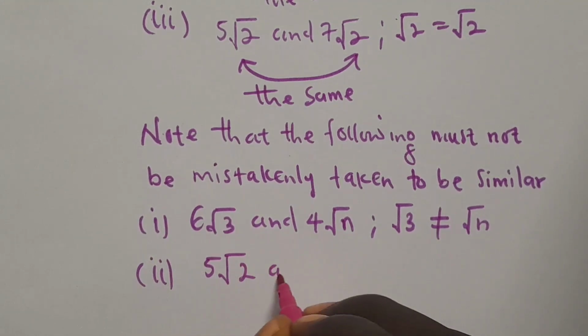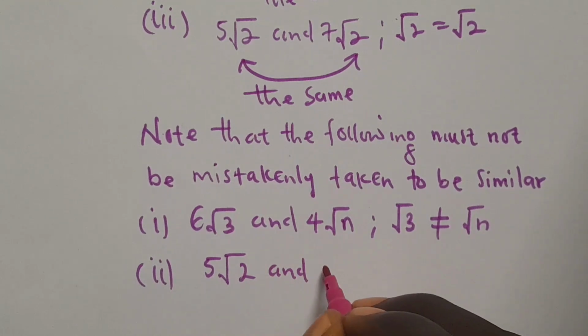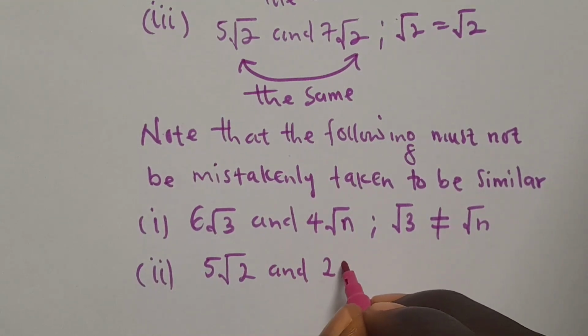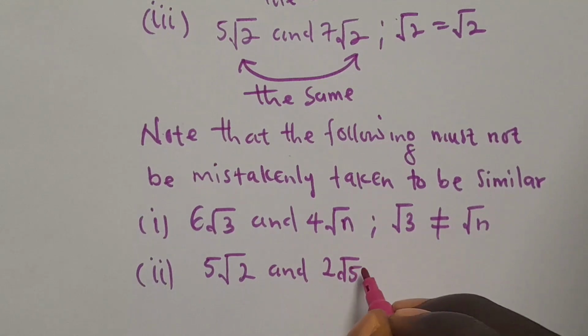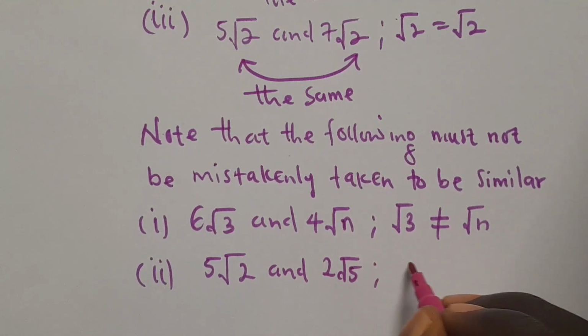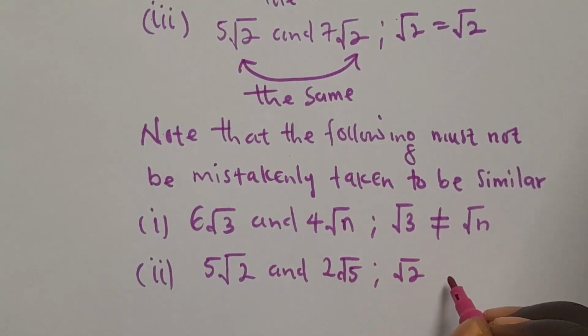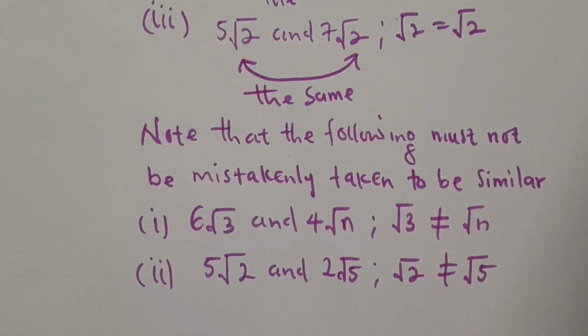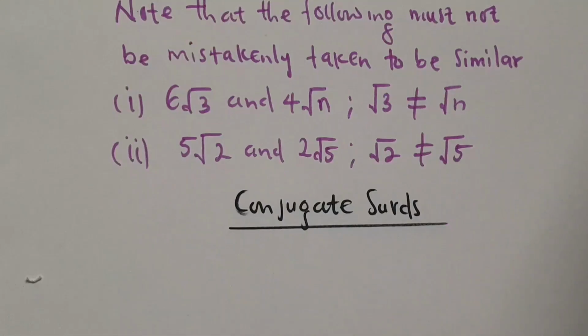We have 5 square root of 2 and 2 square root of 5. In this case, the irrational parts, which are square root of 2 and square root of 5, are not the same. So they are not similar. We should not be mistakenly taking these to be similar.